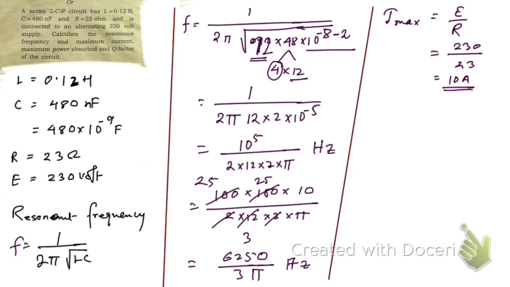Then we're going to get the maximum power, which is E square by R, so that is 230 square divided by 23, and this is going to give you 2300 watt, right? So hope you can calculate it by yourself.